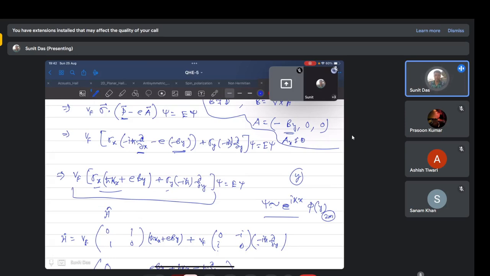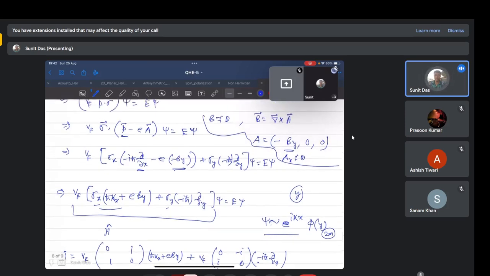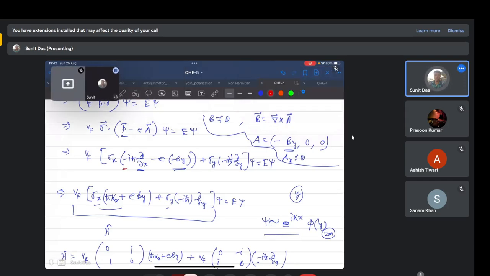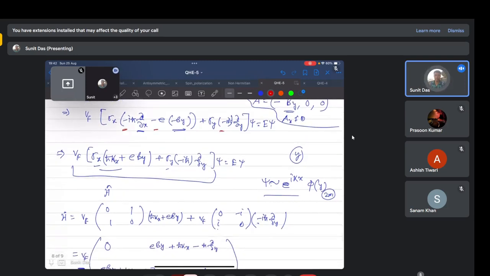For simplicity, maybe all of this negative sign I can take out. So I can redefine things, and there will be one extra negative sign outside.